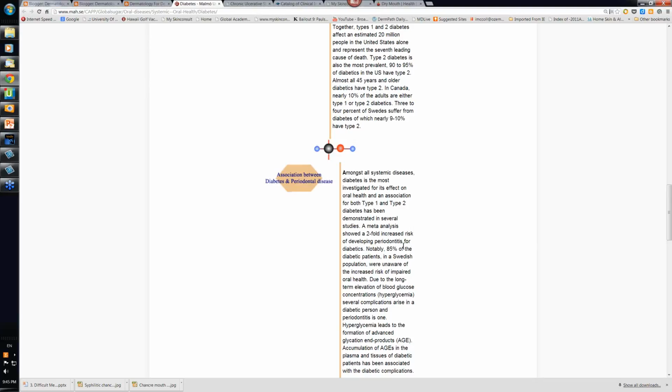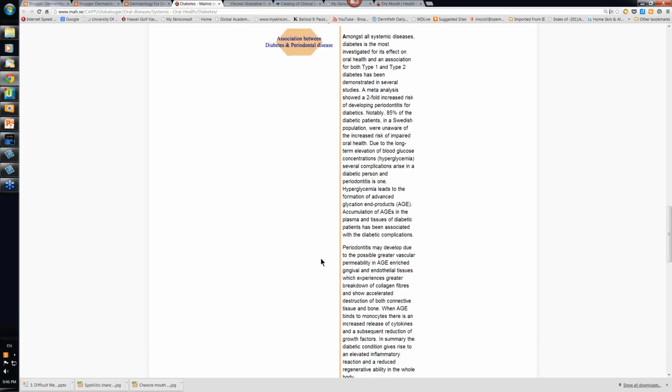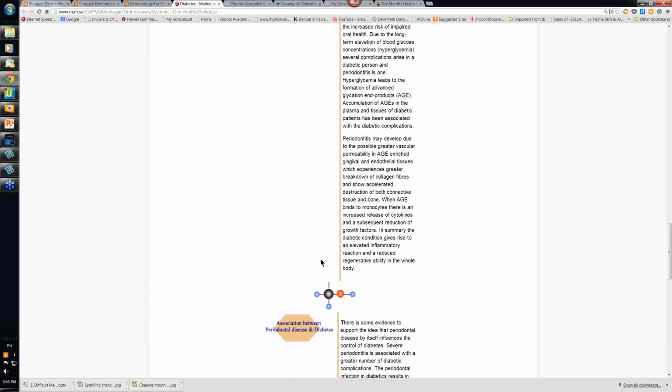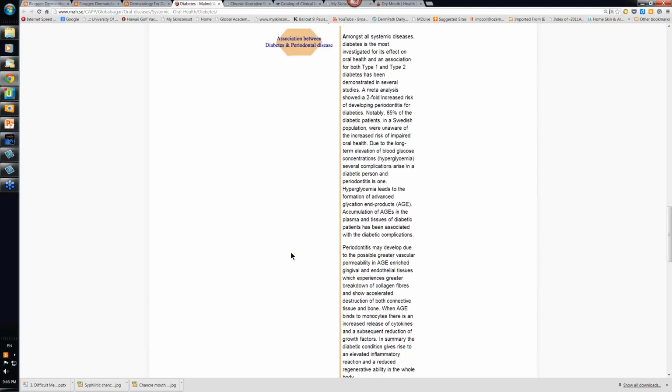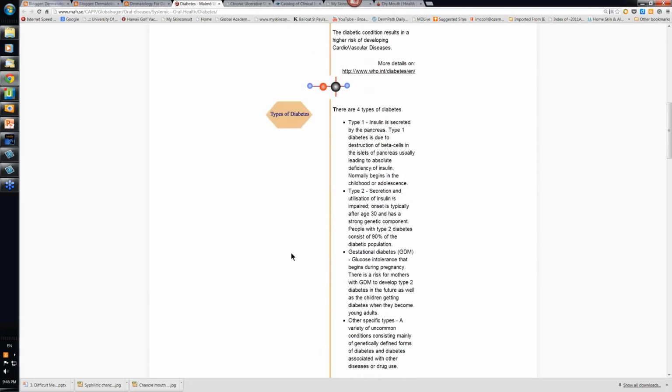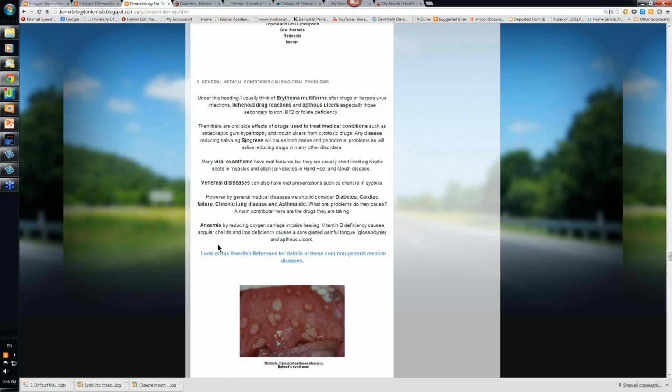There's a twofold increased risk of developing periodontitis for diabetics, but it also comments that the periodontal disease influences the control of the diabetes. So it's very important that diabetics get their teeth looked after and don't get a lot of gum disease. Read that up anyway.